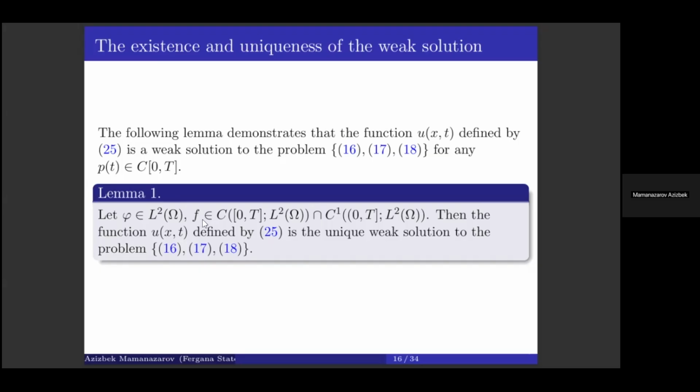So if phi and f satisfy these conditions, then u of x, t defined by 25 will be the unique weak solution to the problem. A detailed proof of this is given in our published work. This work was published in Fractional Calculus and Applied Analysis.